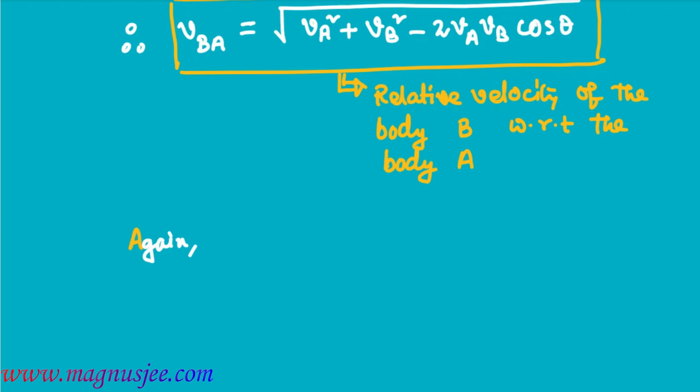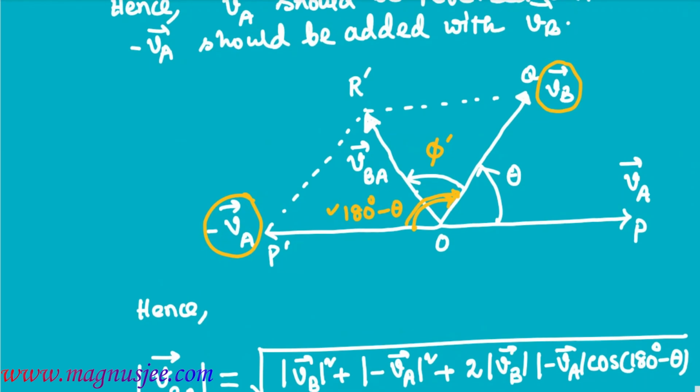Again, VBA acts at an angle phi dash with vector VB. Phi dash is measured with respect to vector VB, so vector VB is the first vector and minus vector VA is the second vector.